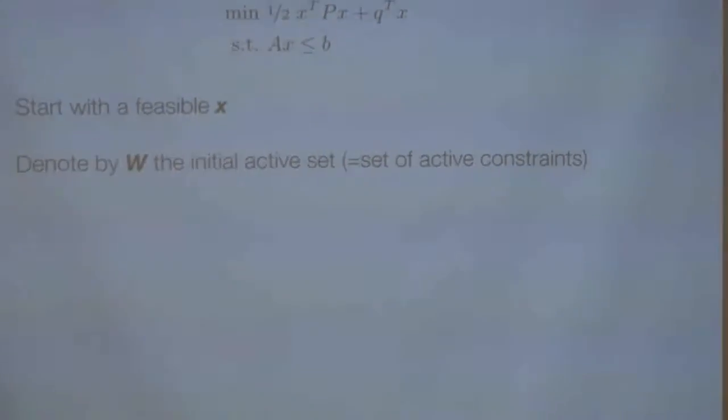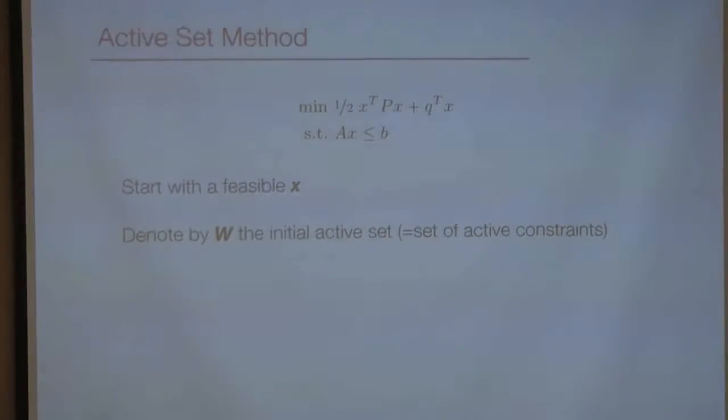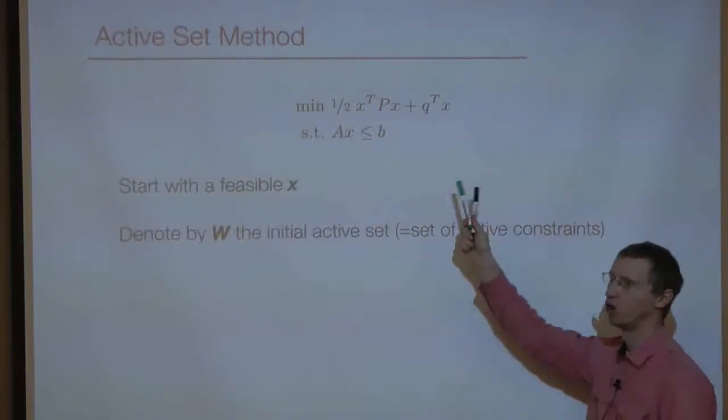Okay. So once we know how to apply the Newton method to solve quadratic problems with equality constraints, let us now take a look at how to solve a problem with inequality constraints.